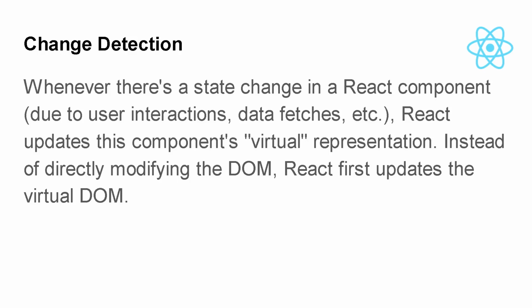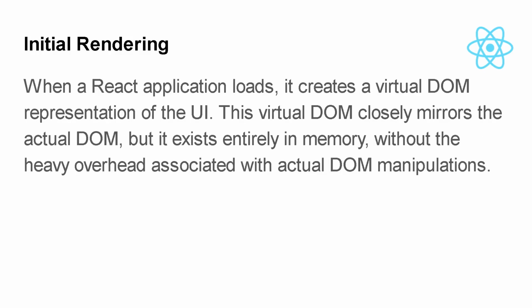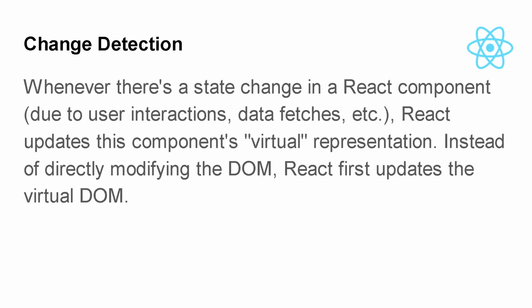Now, change detection. Remember, we have this virtual object model. When it does change, when we decide to display something differently, and tell React, make this change in your virtual document object model, it has a smart way of updating the actual document object model. It first updates the virtual document object model. So you do a bunch of things to the display.